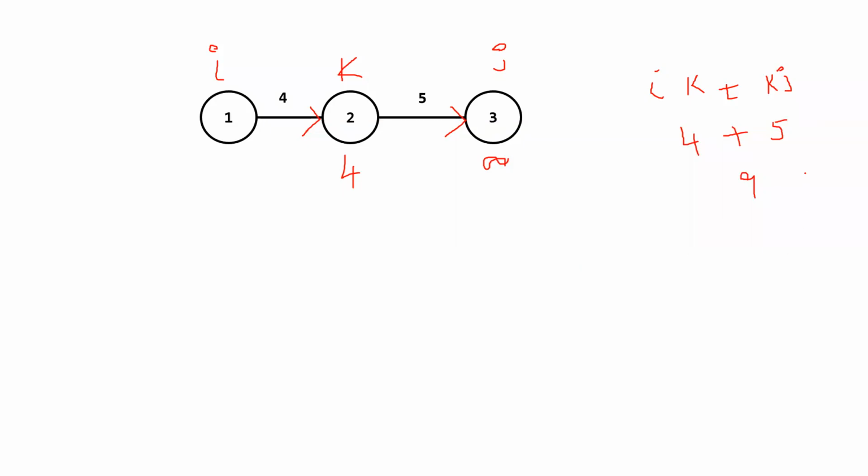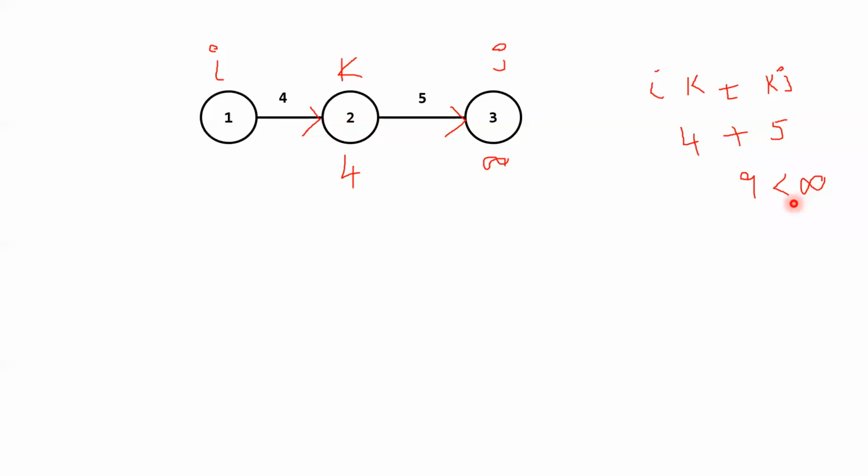Now check whether this 9 is less than infinity. The infinity is nothing but the current distance of node 3. Check if the new distance, i to k plus k to j, is less than the current distance value of node 3.